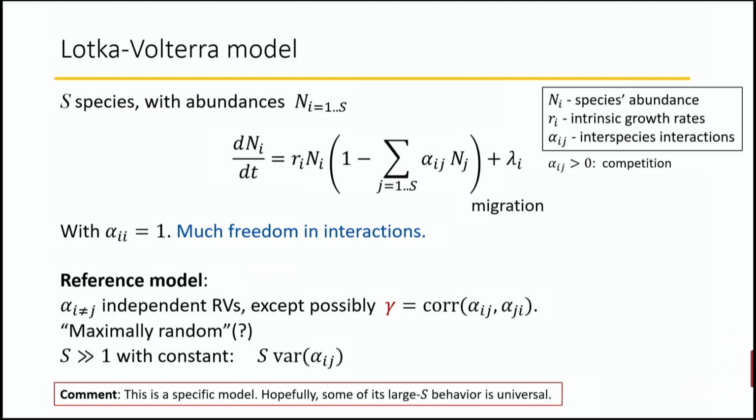Okay, so I'll call this the reference model, and it's the simplest model I can think of. I just take these different numbers in this 50 by 50 matrix and put independent random numbers, all from the same distribution.